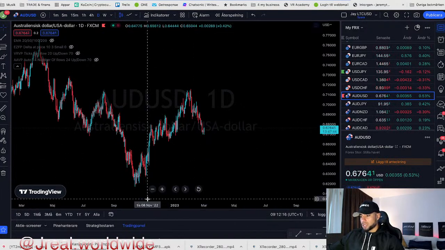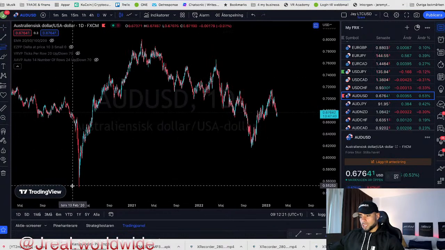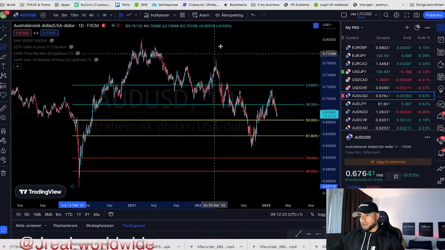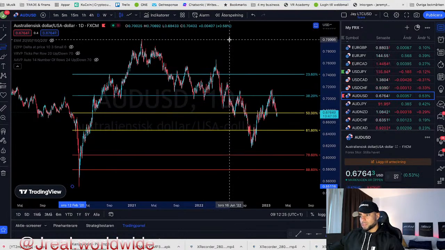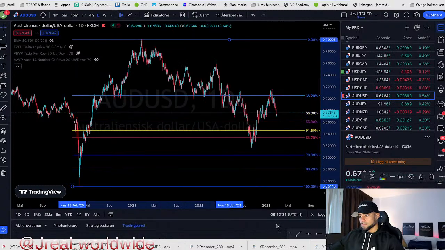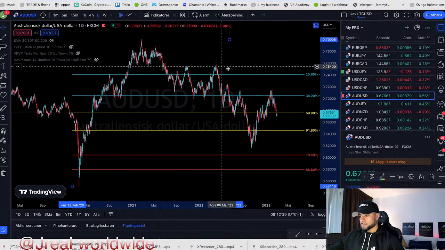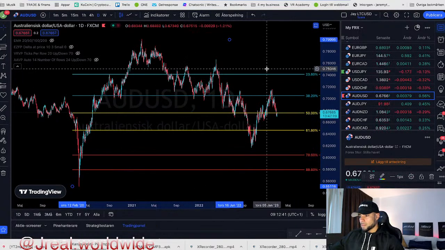And right now we are on an uptrend. So let's look at this uptrend, by the way. Let's look at this retracement, by the way. Oh, that's interesting. Okay.